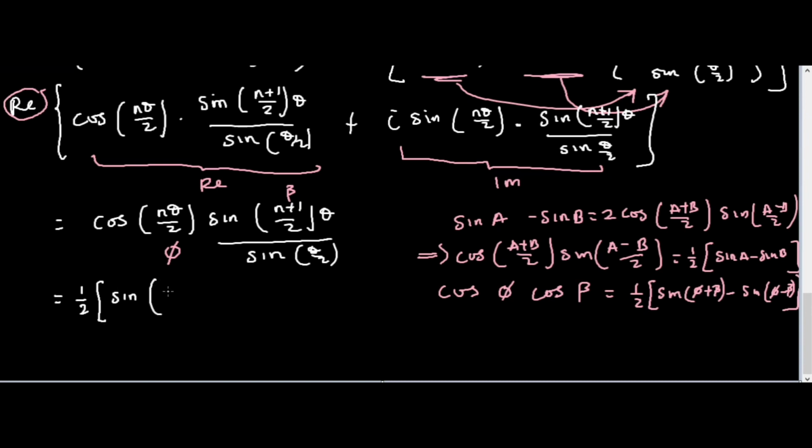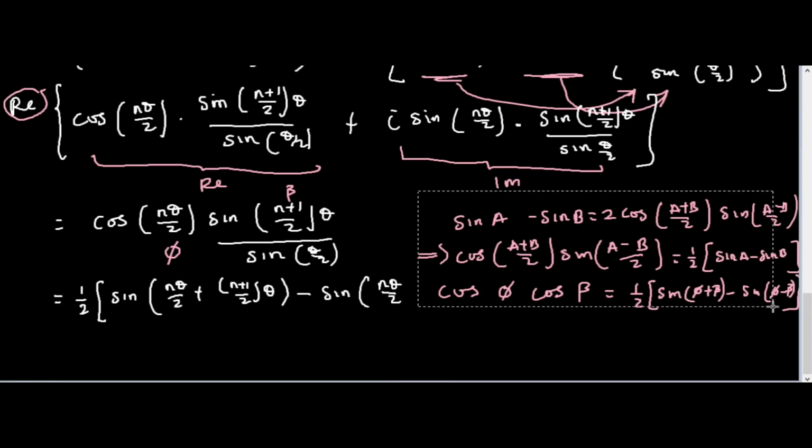My alpha is n pi over 2 plus (n plus 1) over 2 pi. Then minus sine of, then I'll subtract n pi over 2. Let's clear off. Just put this one at the back of your mind. Let me clear so there can be space.